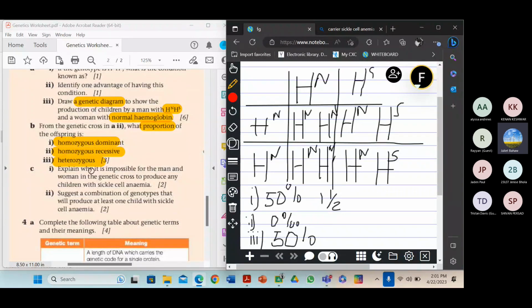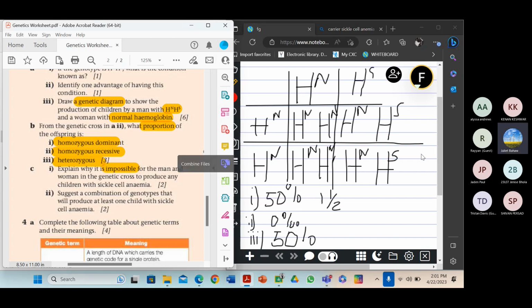Part 1. Explain why it is impossible for the man and the woman in this genetic cross to produce any children with sickle cell anemia. So basically, it's impossible because both parties, male and female, possess the normal hemoglobin allele in the dominant form, or there is no sickle cell allele present in both parties.